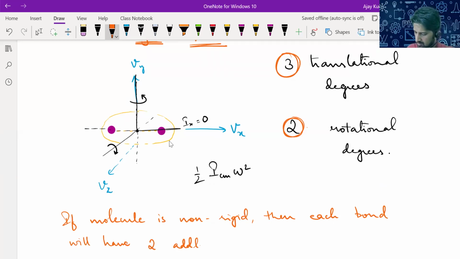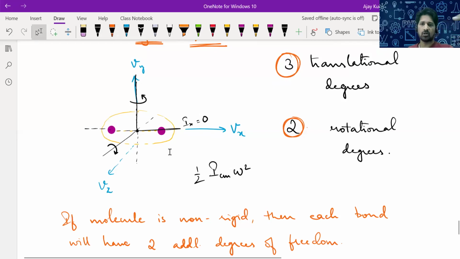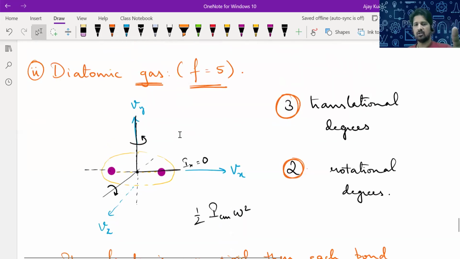Two additional degrees of freedom means two additional ways in which it can store energy. So in that vibration, potential energy can be stored, and in that vibration, atoms are moving, which means they have kinetic energy. That vibrational kinetic energy also can be stored. So potential and vibrational kinetic energy, two additional degrees of freedom will come. But as I said, we'll consider the molecules to be rigid by default. We are only going to consider 5 degrees of freedom for a diatomic gas.